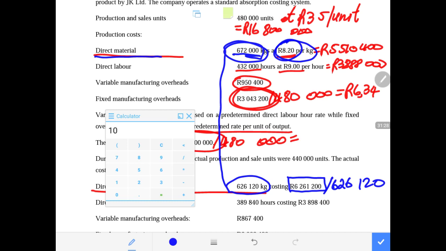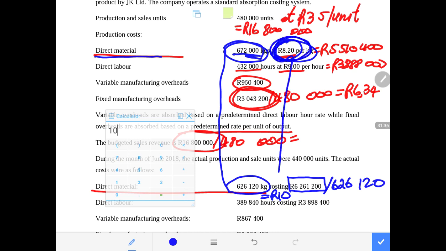This gives me 10 rand, meaning the actual cost of material per kg is 10 rand. But what we budgeted was 8 rand and we paid more than we anticipated. So the variance in terms of the material price will definitely be unfavorable.